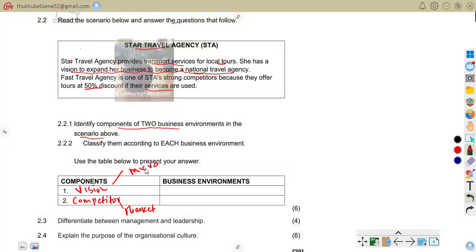We are saying a vision is micro and the competitor is market, because competitors operate in the market environment and directly affect the business's ability to attract customers.